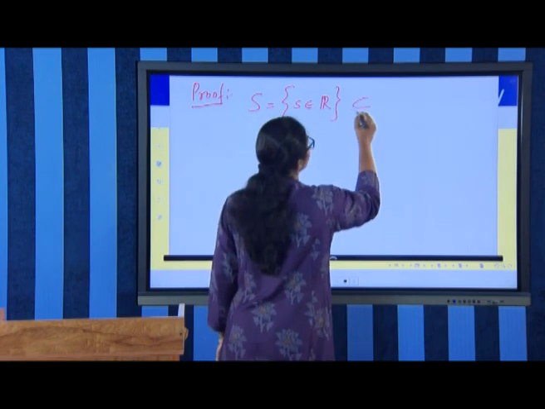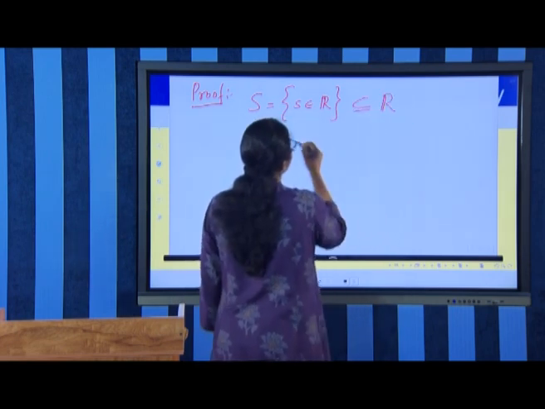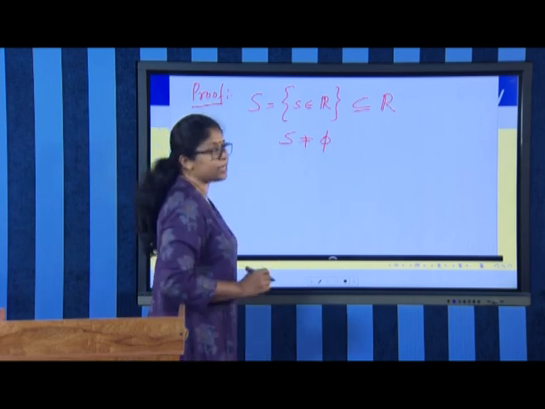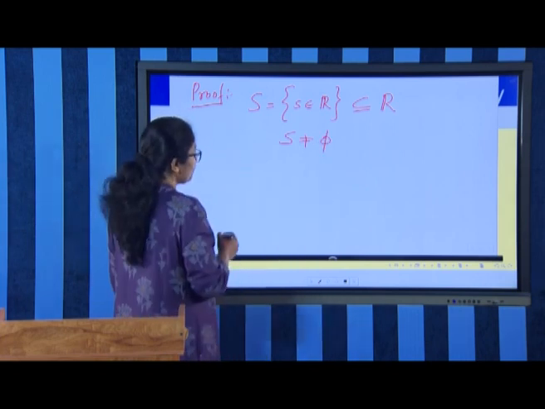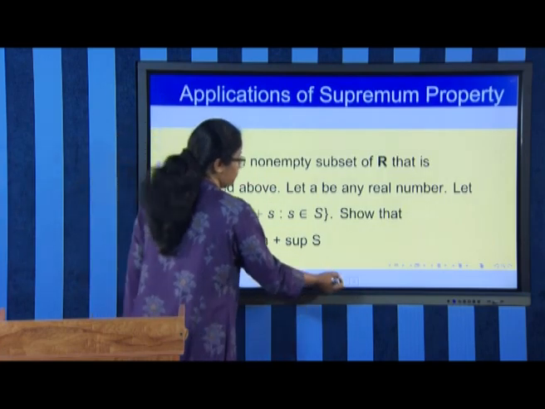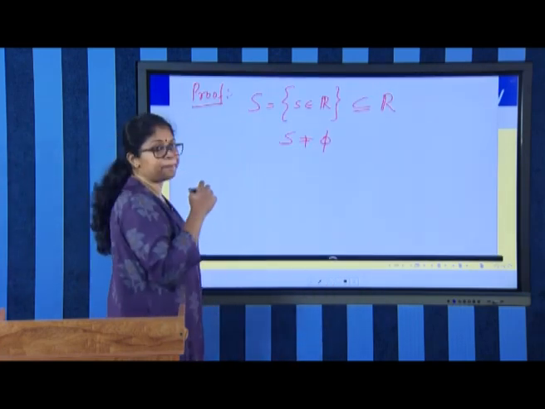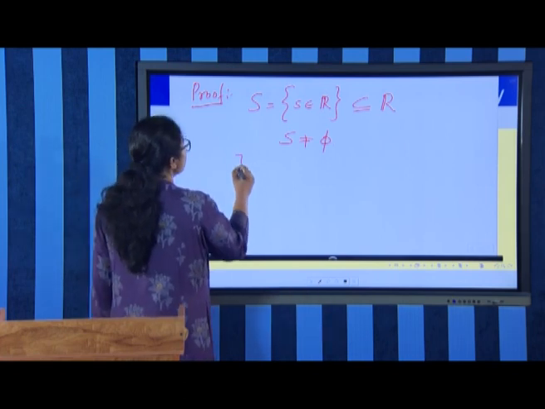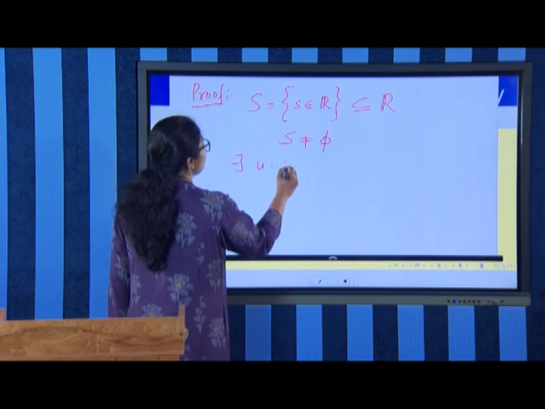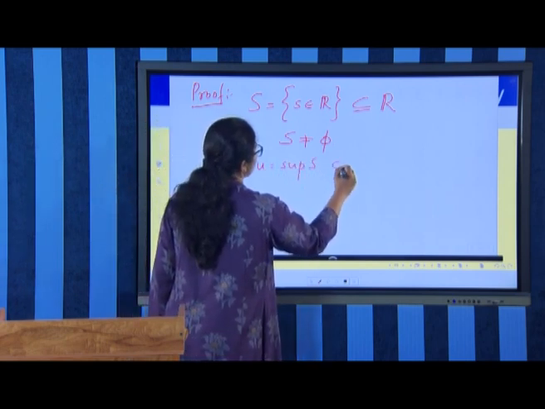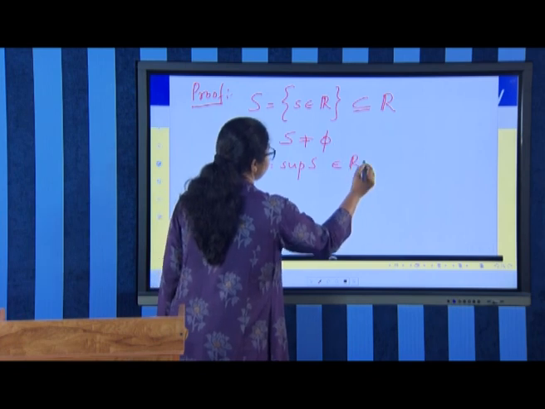It is a subset of R and S is not equal to the null set. So, this condition is given. Also, it is given that S is bounded above, and therefore, by the completeness property that we have just now seen, there exists a supremum of S in R. It is an element of R itself.